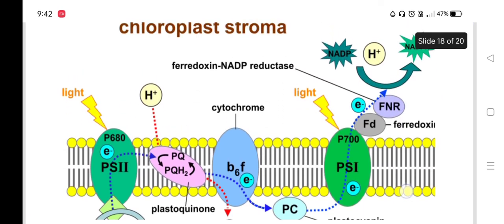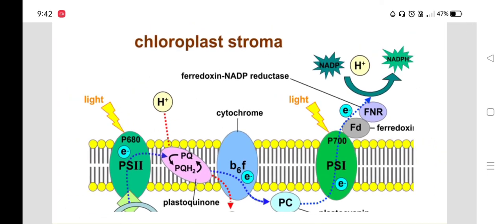In the next slide I have shown more clearly that when light is absorbed by PS2, firstly the antenna molecules will absorb the light, then they will transfer the energy.